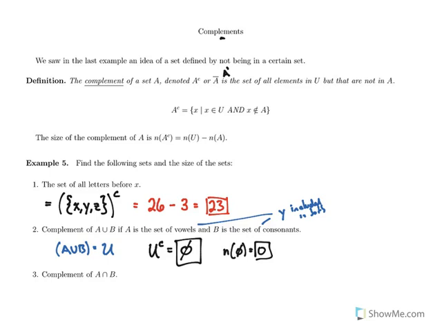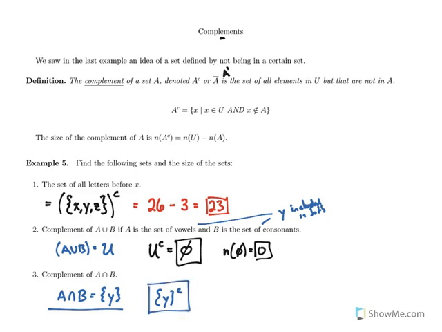And finally, let's think about the complement of A intersect B. Well, here, what letters do we have that are both vowels and consonants? That's going to be just the element Y. And we're thinking about Y complement, a set that we're looking for.